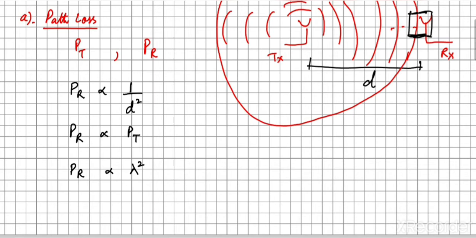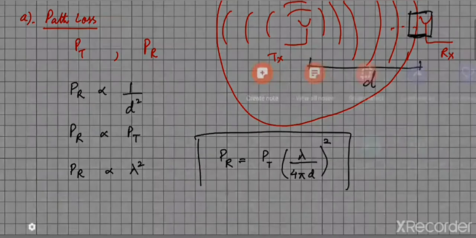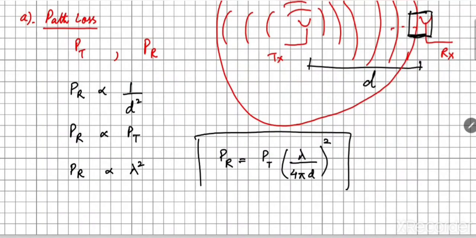If we combine all these proportionalities and write down the equation for the received power together with some constants of proportionality, the final equation is as follows. PR is given as PT times lambda divided by 4 pi d, whole square. So this is the equation of the received power.